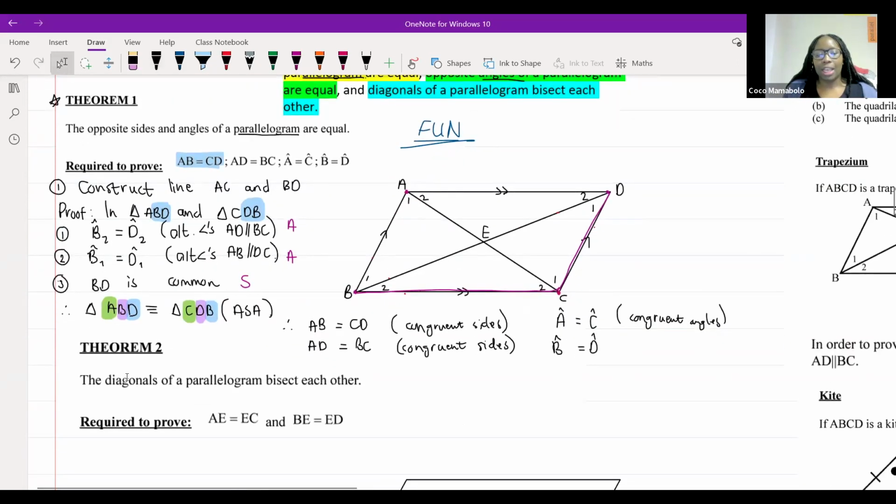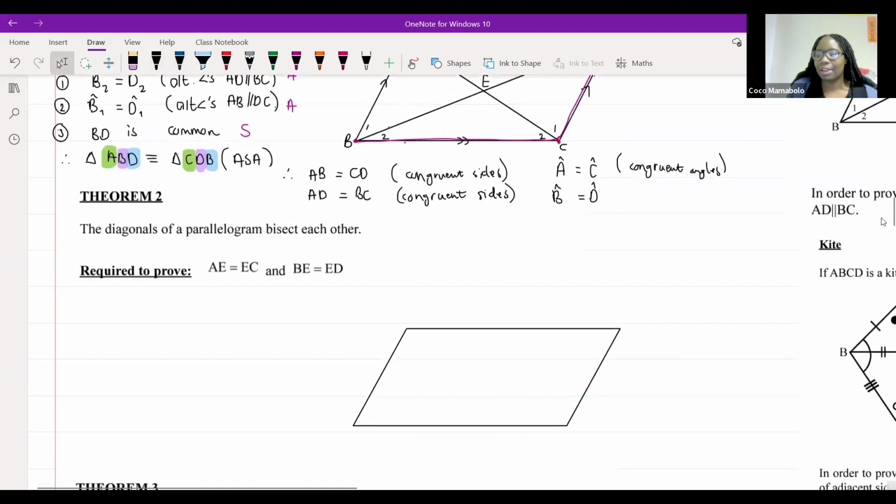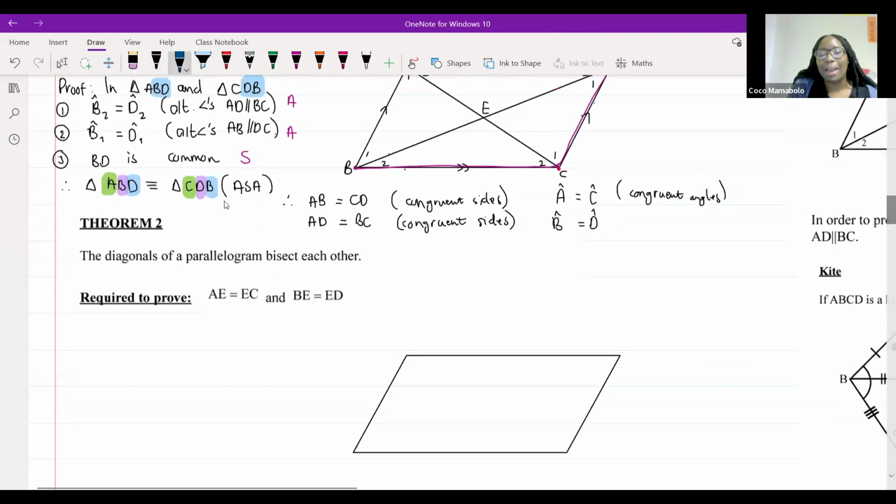Let's talk about the diagonals of a parallelogram bisect each other. Now, this word is very, very important. The word bisect is very important. Who knows what bisect means? Correct, absolutely. The word bisect means cut in half. So let's just think about this.